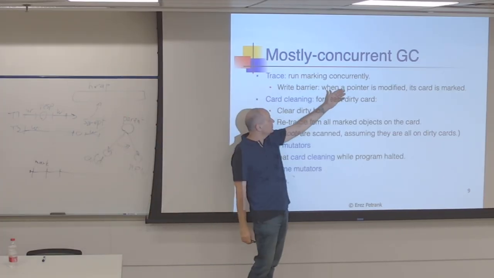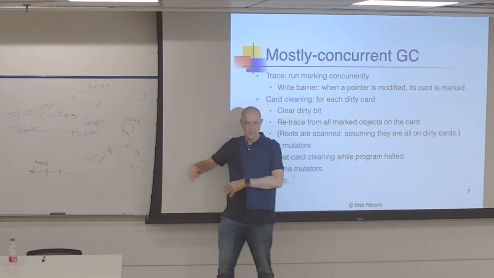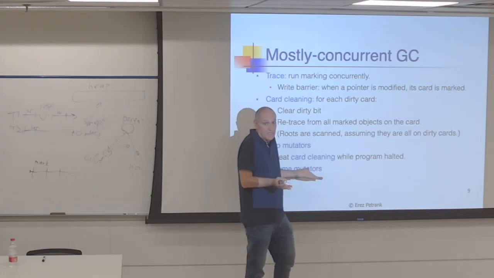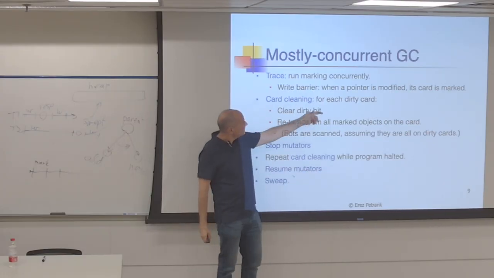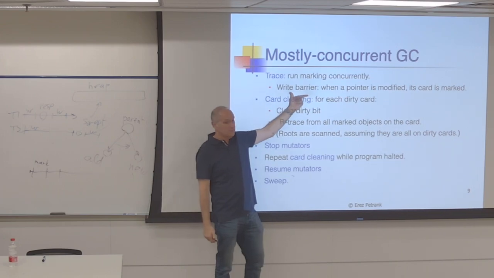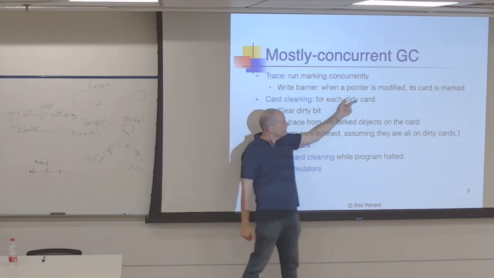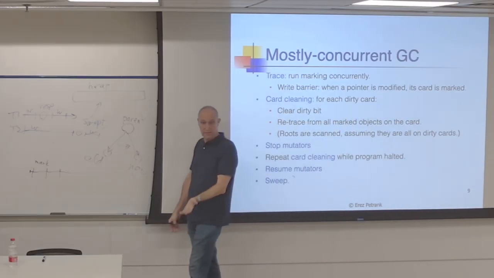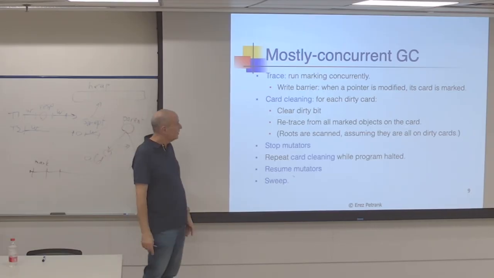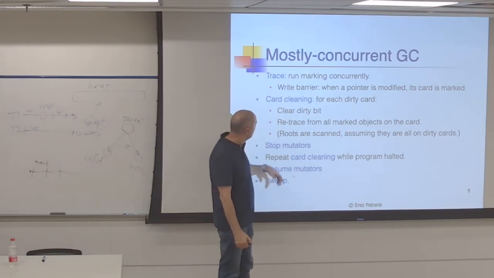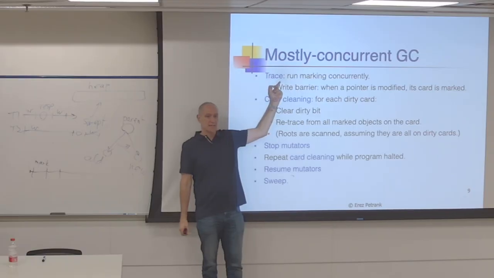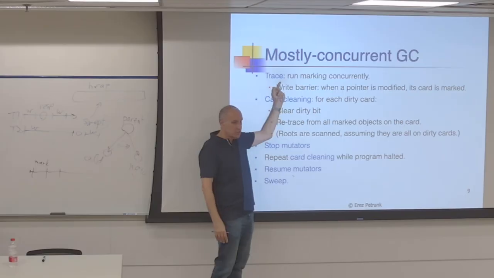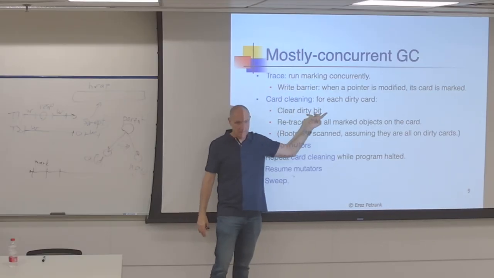So this is the algorithm. I run marking concurrently, ignoring the fact that things change in the graph, and I try to mark as many reachable objects as I can. While I do that, the program runs the write barrier, and whenever a pointer is modified, its card is made dirty. After I finish tracing whatever I managed to trace while the pointers were changing, I go into a card cleaning phase.